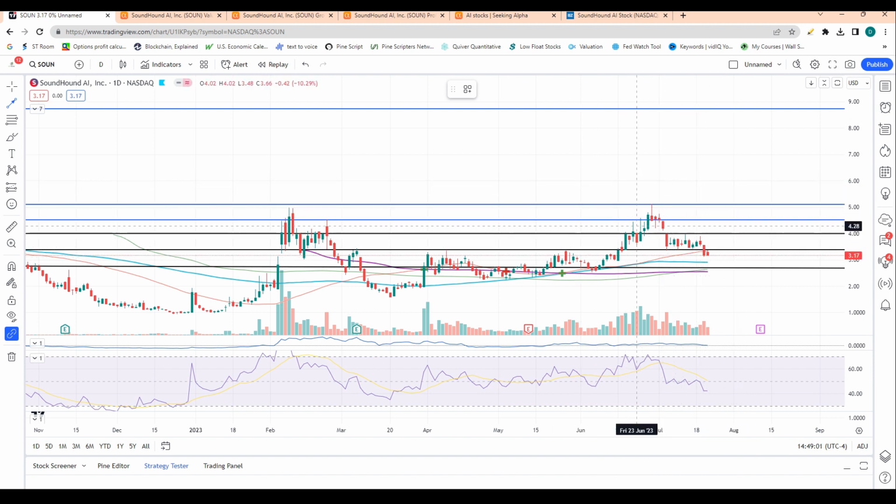And like I said, I think that Russell 2000 inclusion that we got is a really big deal for the company. It hasn't been talked about much, but this will force some passive firms to put money into the stock that may not have even had the stock on their radar prior to this Russell 2000 inclusion.